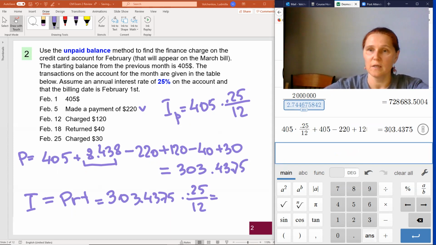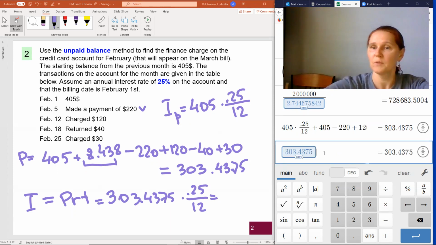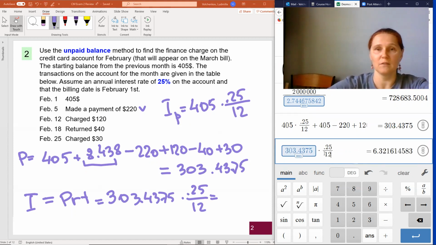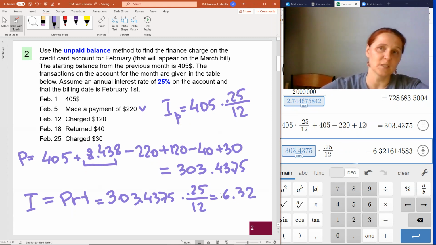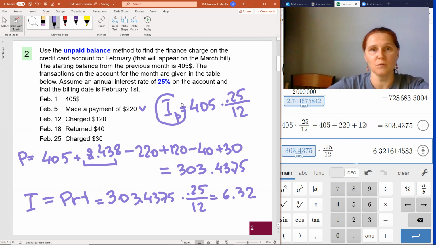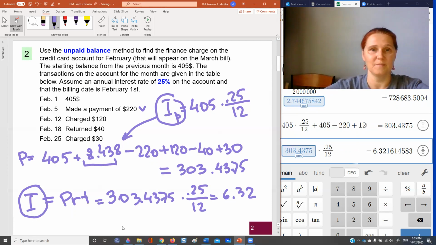So we take the answer from the previous step, multiplied by 0.25 and divide by 12. And it is approximately $6.32. You see, we calculate finance charge 2 times, first for the previous month and add it to the balance, and then for this month that will appear on the next month bill.